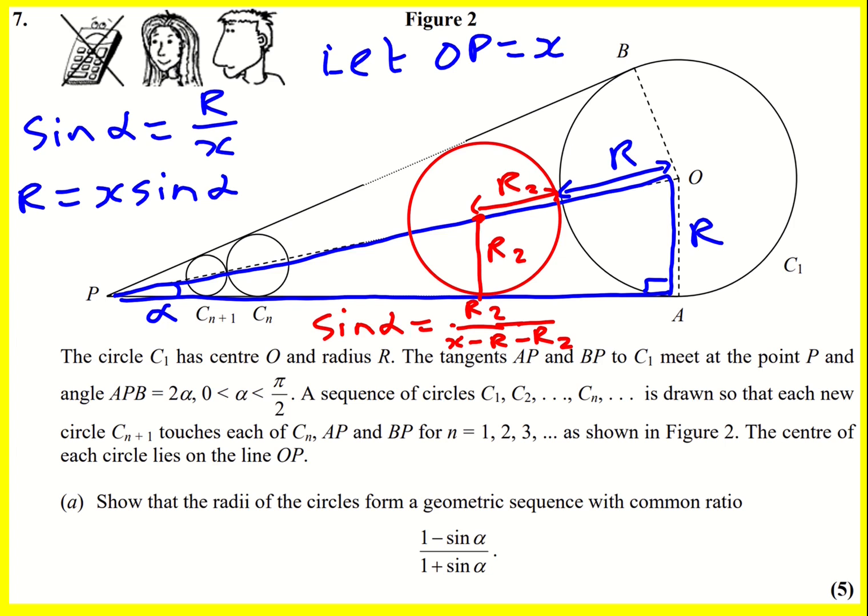And we can rearrange that. I can multiply through, so it's going to be x sine alpha minus r sine alpha minus r2 sine alpha will equal r2.